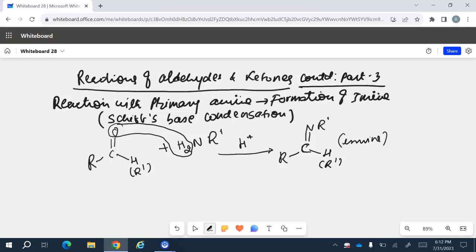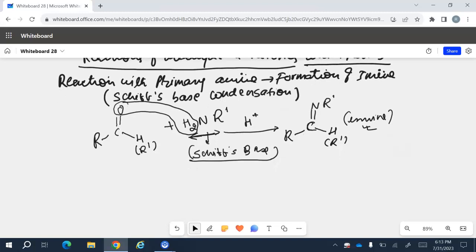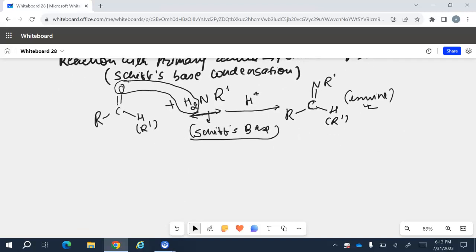So when we are carrying out this reaction with primary amine, to result in the formation of imine, this reaction is called Schiff base condensation. But this reaction is not restricted to the primary amine only. So again, this reaction we can extend for other types of amine systems also, right?